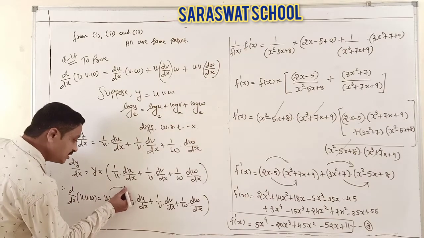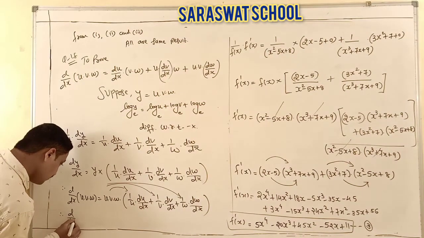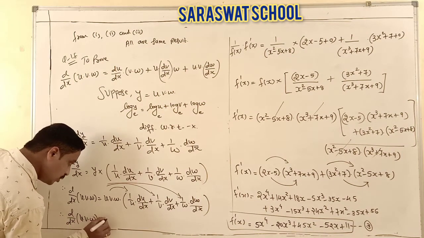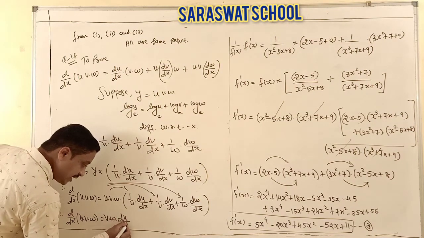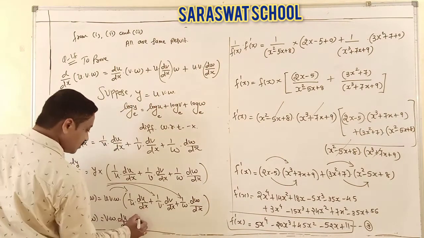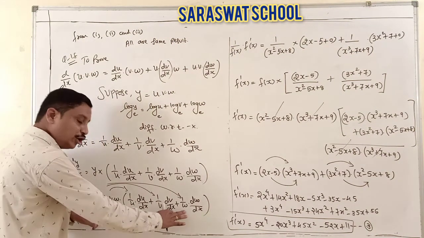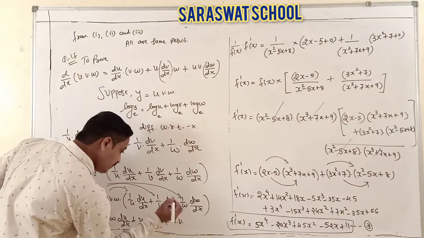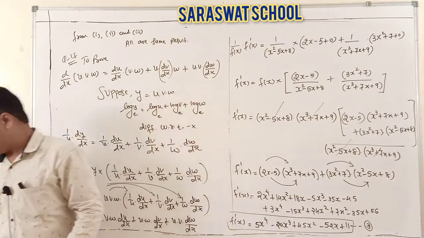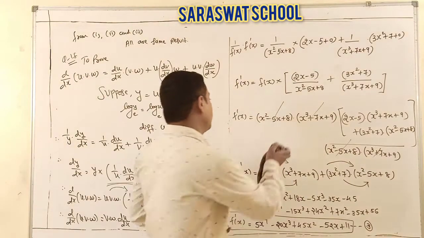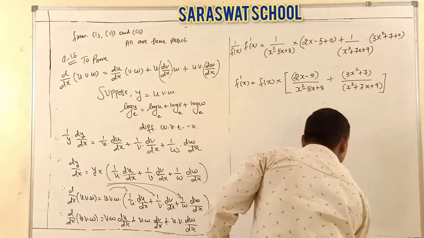So d/dx of u v w: u and u cancel, v into w into du/dx. Here v cancels, so u into w into dv/dx. And now here w cancels, u into v dw/dx. And this part students, happily we are done. This property is also finished by the logarithm derivative.